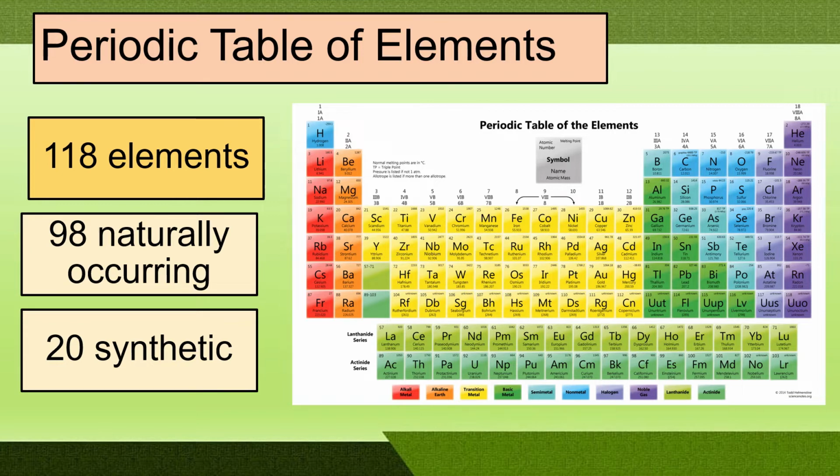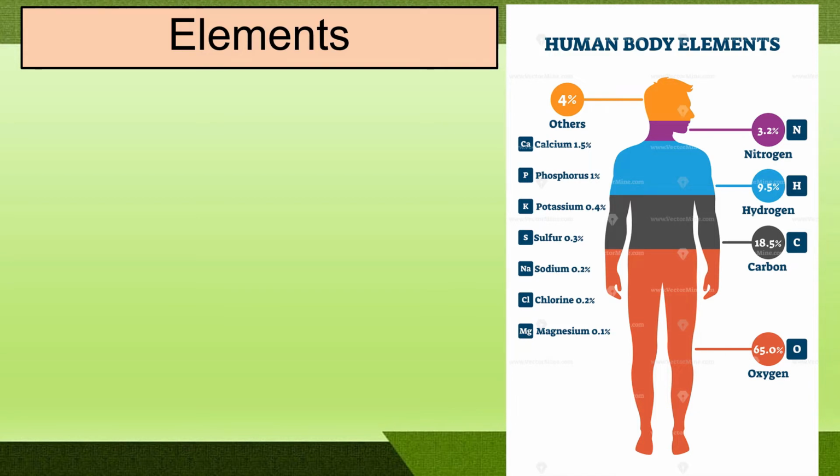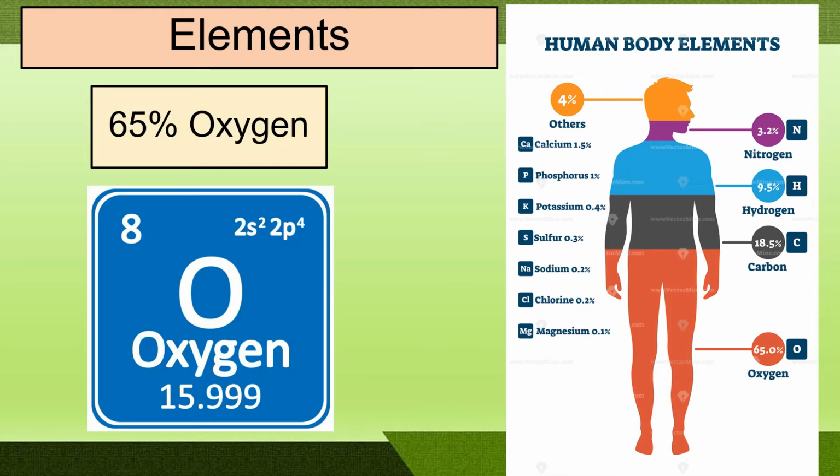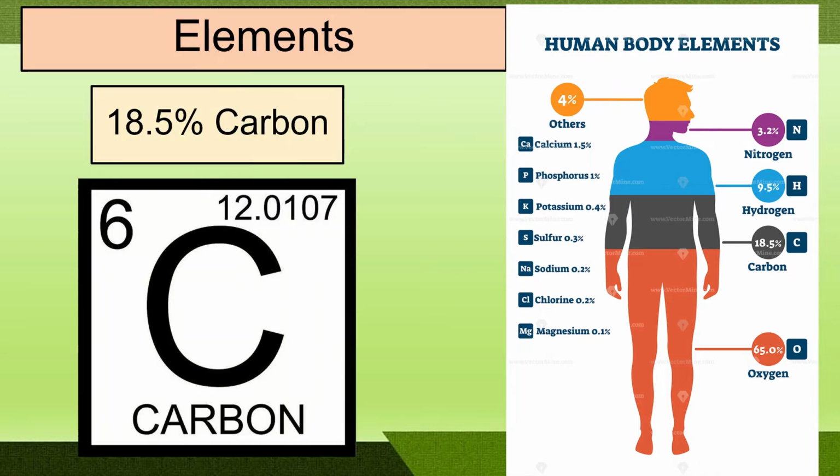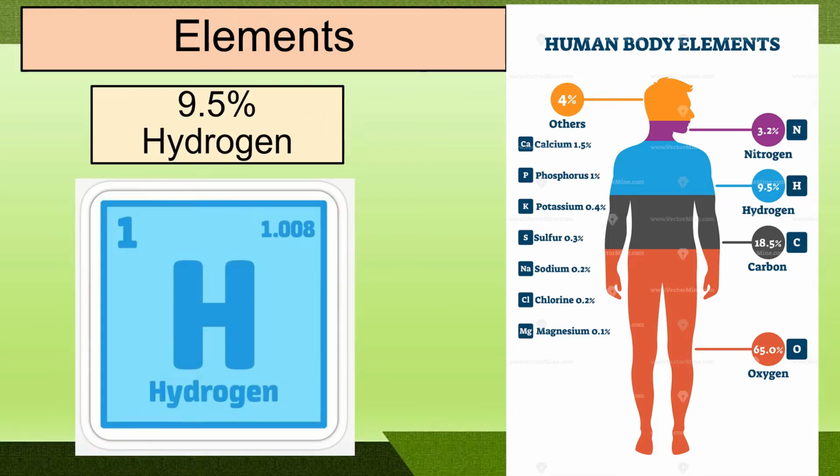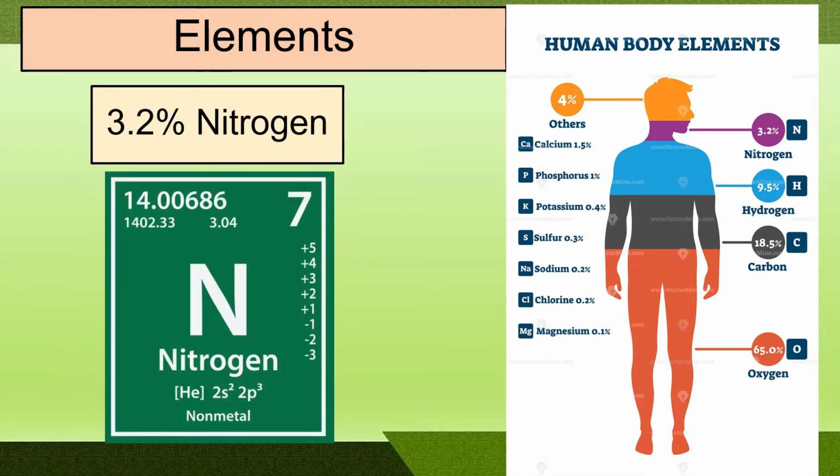Did you know, class, that our human body is composed of different elements? 65% of our body is made up of oxygen. 18.5% is made up of carbon. And 9.5% is made up of hydrogen. While 3.5% is made of nitrogen.